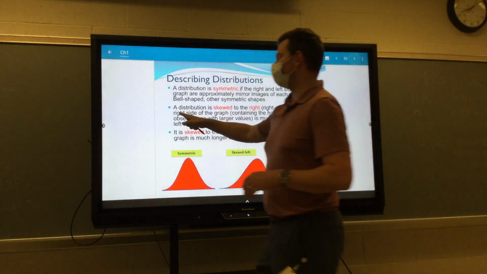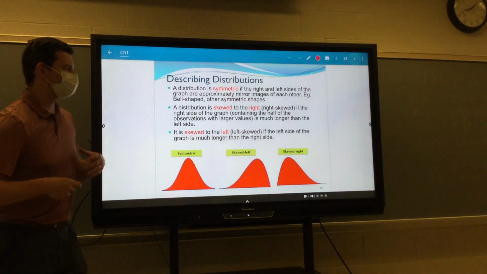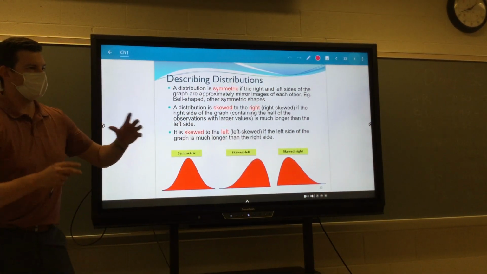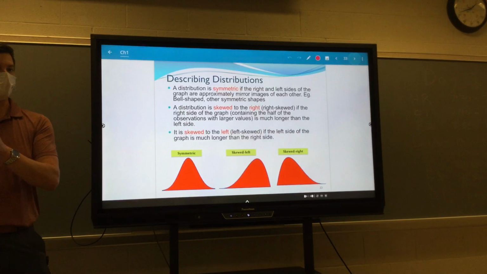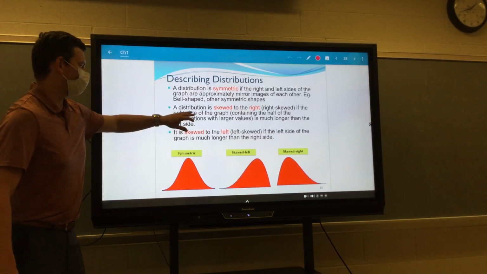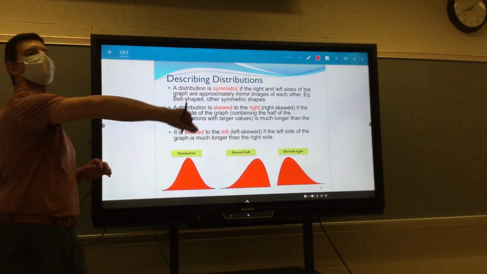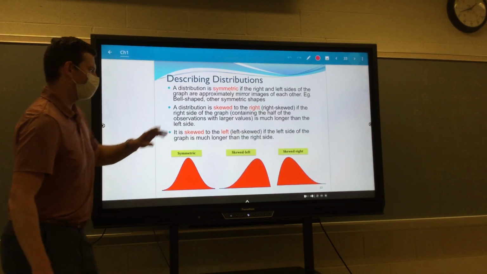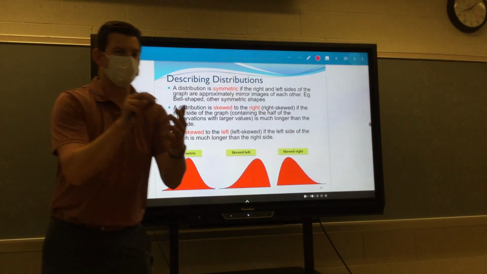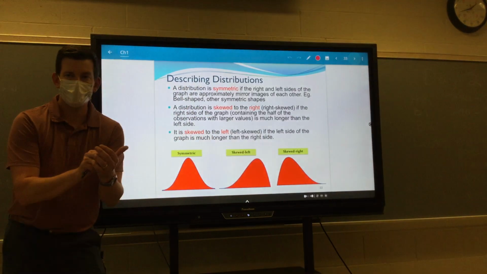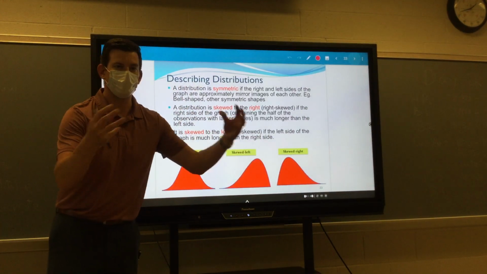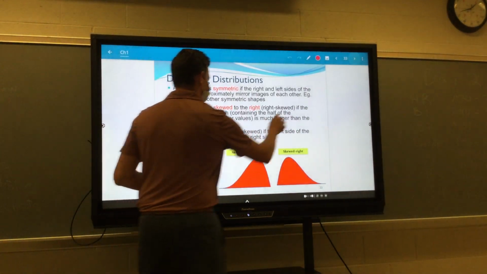Now, a distribution has skew if the bulk of the data is in one end or the other and you have a little bit extending out to one side. The way to think about this: the direction of the skew is the direction of the tail. Let me write that in here, the tail.